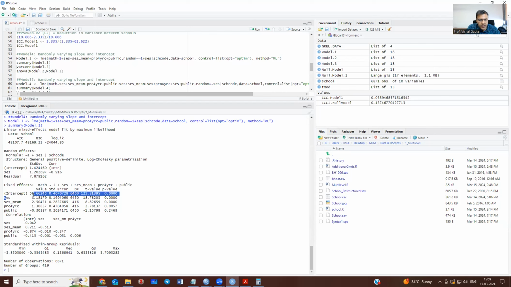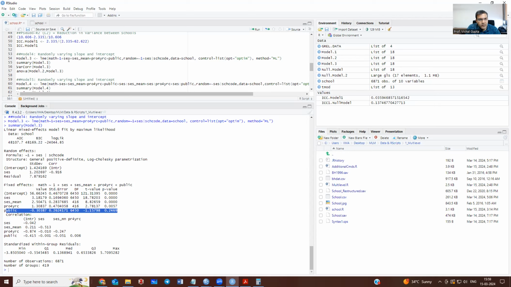And we now get our fixed effects, the same interpretation, everything remains the same. SES has an impact, SES mean has an impact, Prof Fourier has an impact, public does not have an impact.